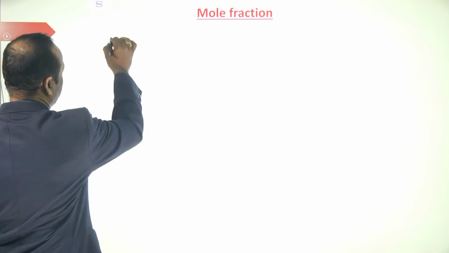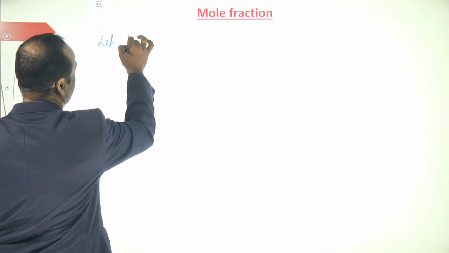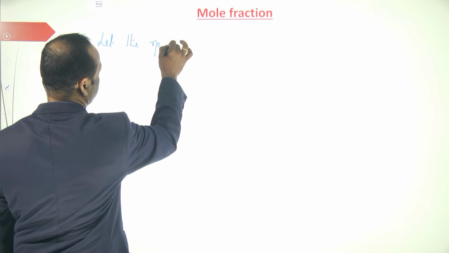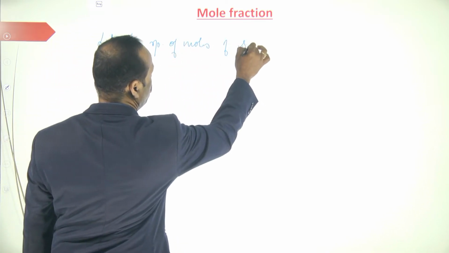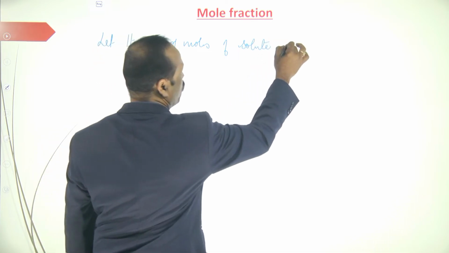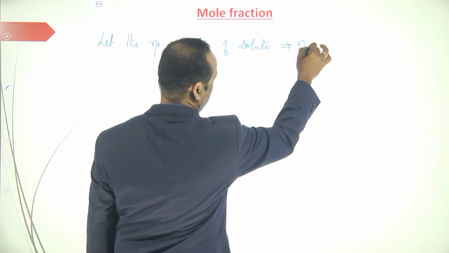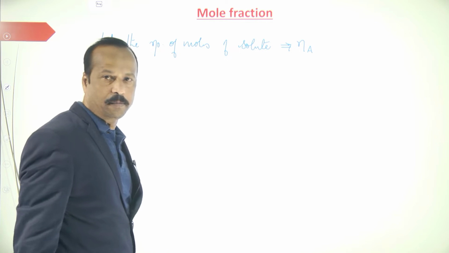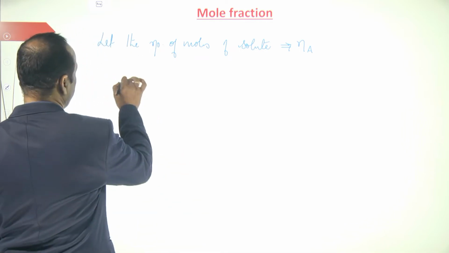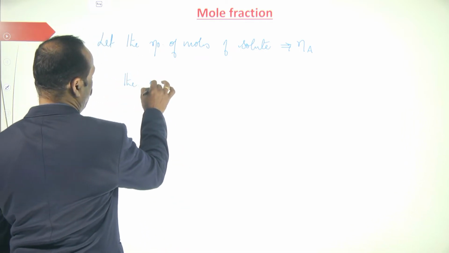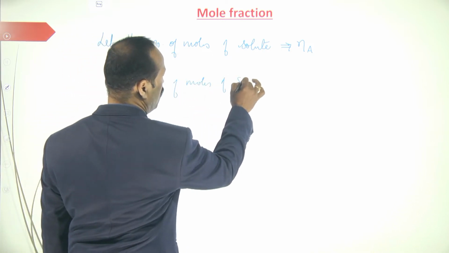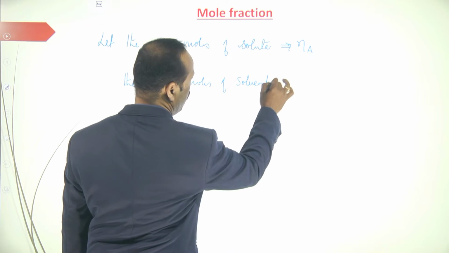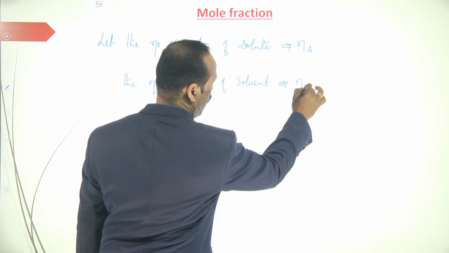Let's see, we have a solution, and the solution consists of two components, solute and solvent, right? Now let the number of moles of solute be denoted by Na. Similarly, let the number of moles of solvent be denoted by Nb.